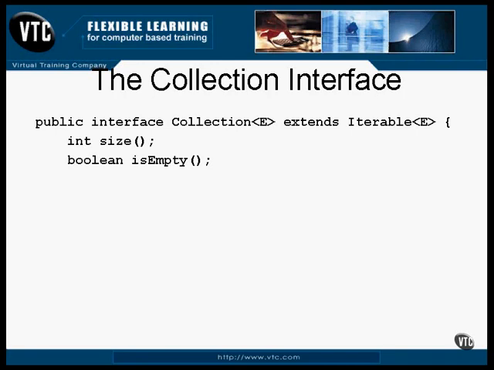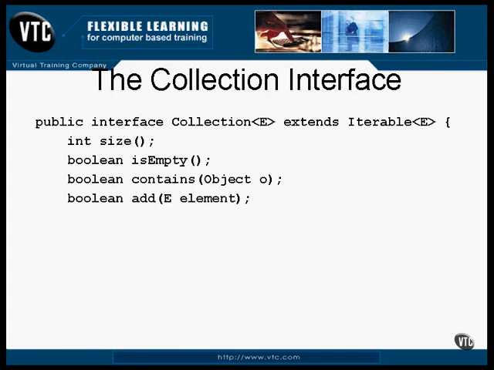Anyway, the methods. These first two methods tell you about the contents. The size method returns the number of elements in the collection, and the isEmpty method returns true only if the collection is empty. The contains method returns true only if the specified element is in the collection. The add method inserts a single element into the collection only if it is not already there.